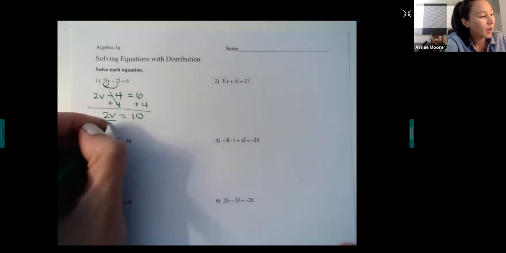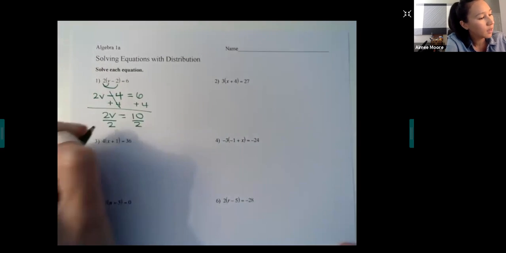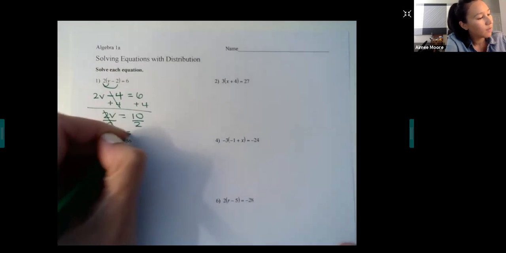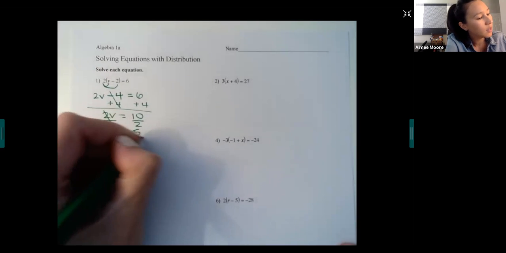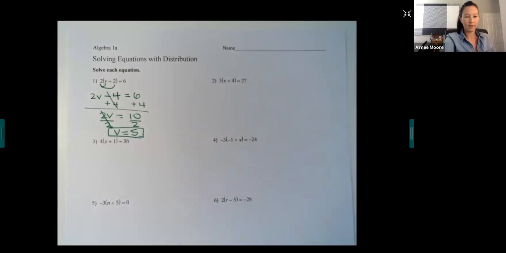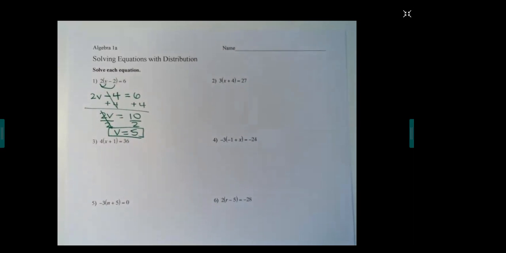Then we have to divide both sides by 2, leaving us with v equals 10 divided by 2, which is 5. Any questions on number 1? No. All right, let's do number 2.